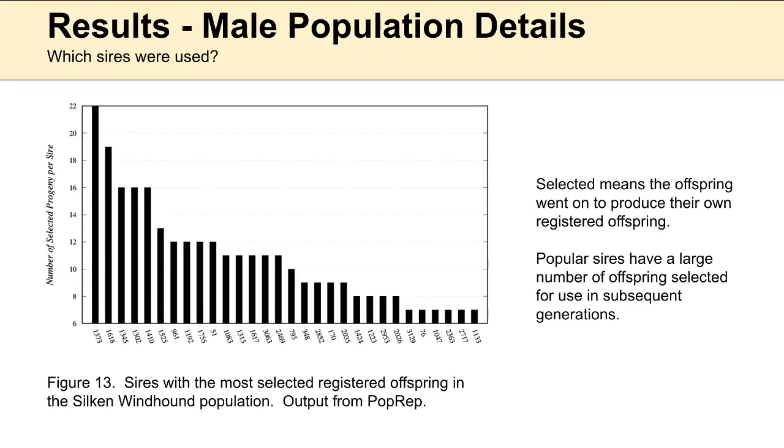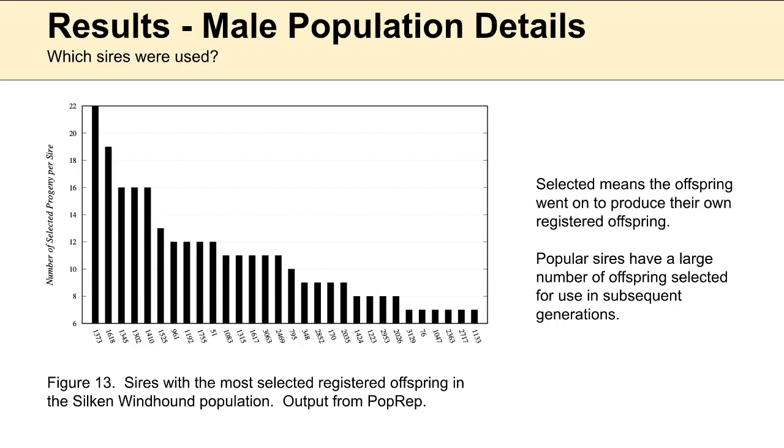Furthermore, when we look at these popular sires, we can look at, of their registered puppies, how many of them then have their puppies selected to breed further. And this is from PopRep. Again, we're seeing a lot of the same ID numbers from the previous slide. 1373 had 22 of his progeny selected, which means they were bred.